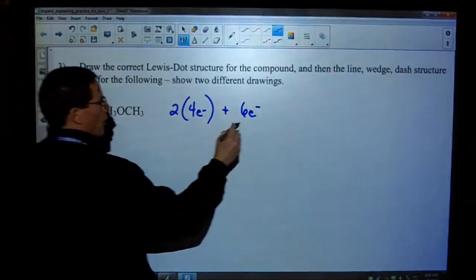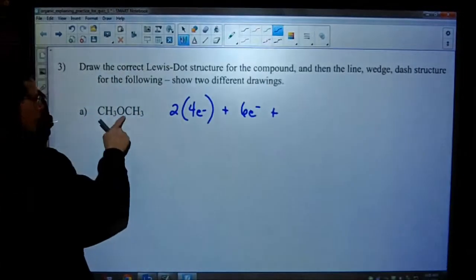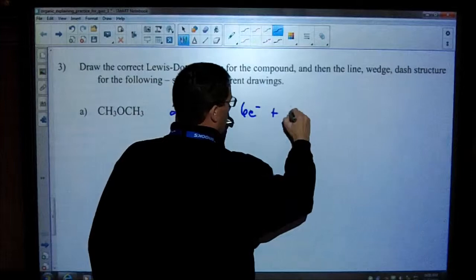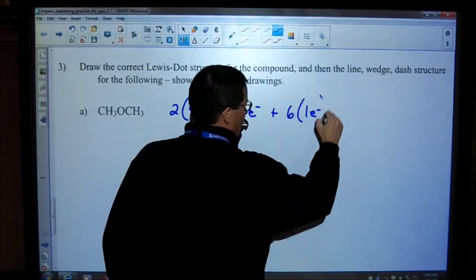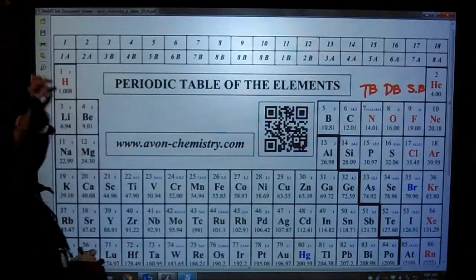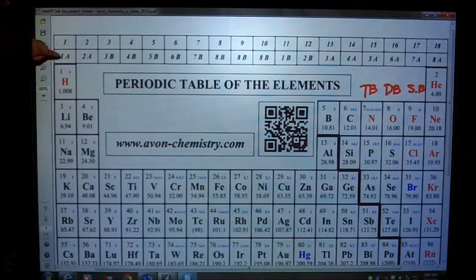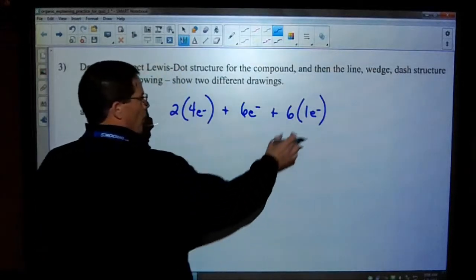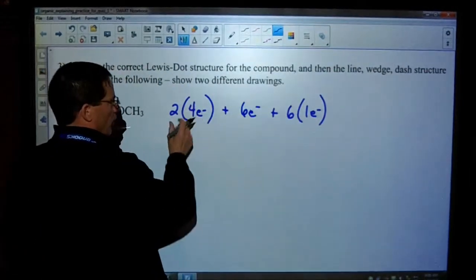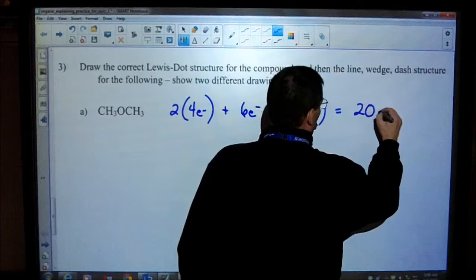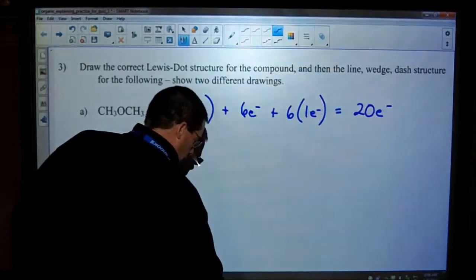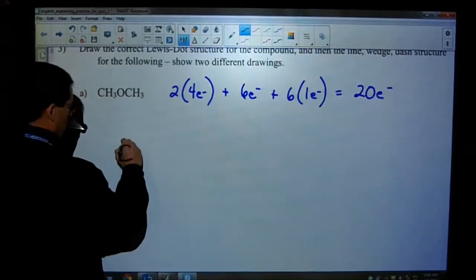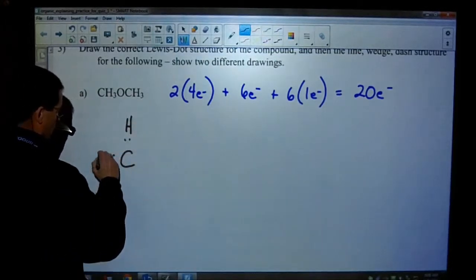I'm sorry, the carbons are already accounted for. And then I have my 6 hydrogens, and each hydrogen brings 1 electron. Remember, hydrogen wants to have 2 electrons, but it only brings 1 for each. So that gives us a total of 6 plus 6, which is 12, plus 8, which is 20 electrons. So again, when drawing this out, put your carbon here, get your hydrogens.